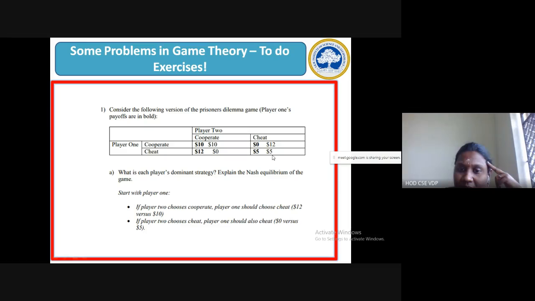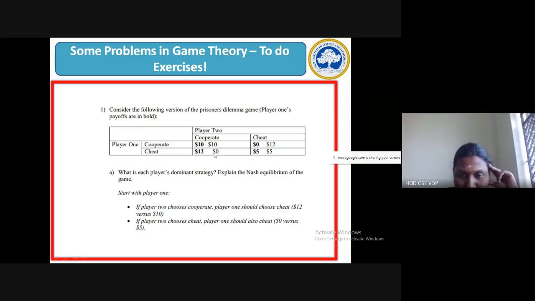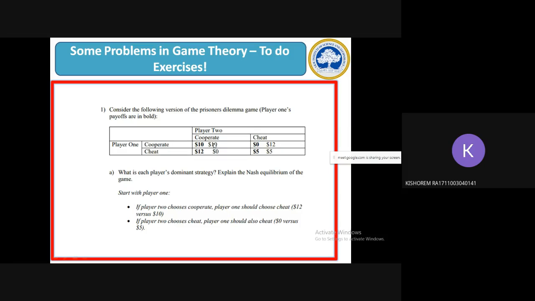For column dominance, the maximum loss has to be deleted, right? 12 and 5, that is higher than this value. So earlier cheat was deleted, and here also cheat was deleted. Now you are left with only cooperate, 10 comma 10.